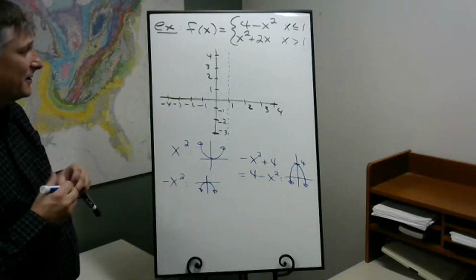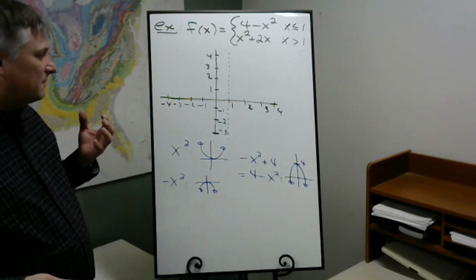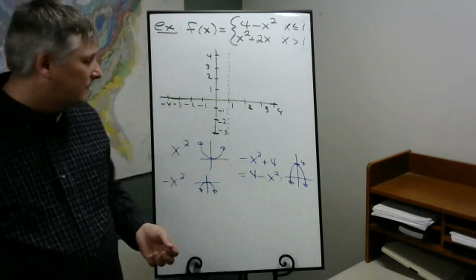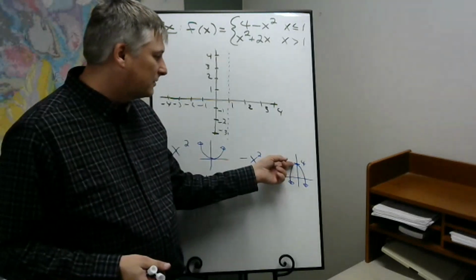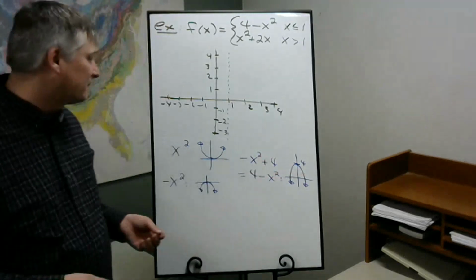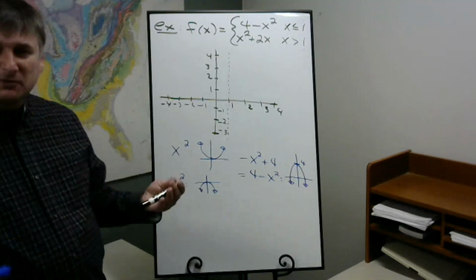So we're going to get something like this. Now, there's usually 3 things that you want to know about a parabola. No, we'll say 2. We usually want to know the vertex, and then we want to know where it crosses the x-axis, or where this thing is equal to 0. So let's figure that out.